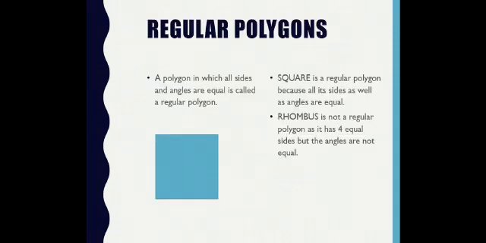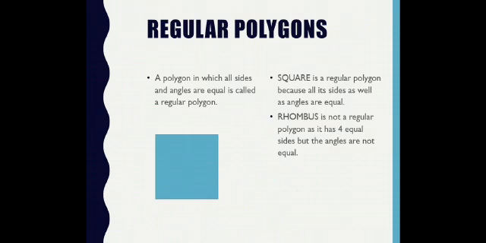Now children, the last point to be considered is the regular polygons. We call a polygon a regular polygon in which all sides and angles are equal. I stress upon the word here, all sides and angles also must be equal. So the best example for a regular polygon is that a square is a regular polygon, because in a square all sides are equal and all angles are of 90 degrees.